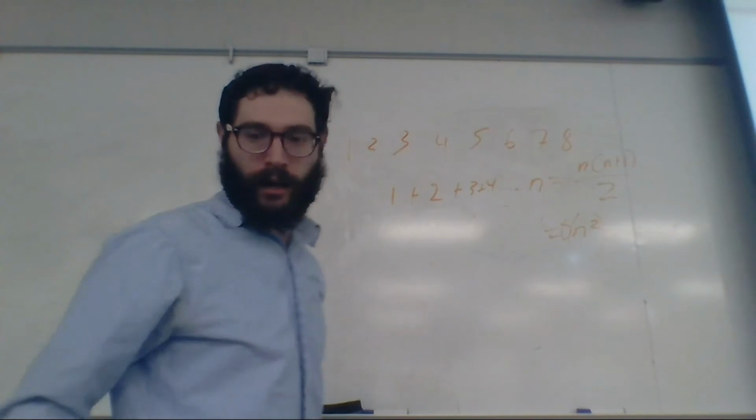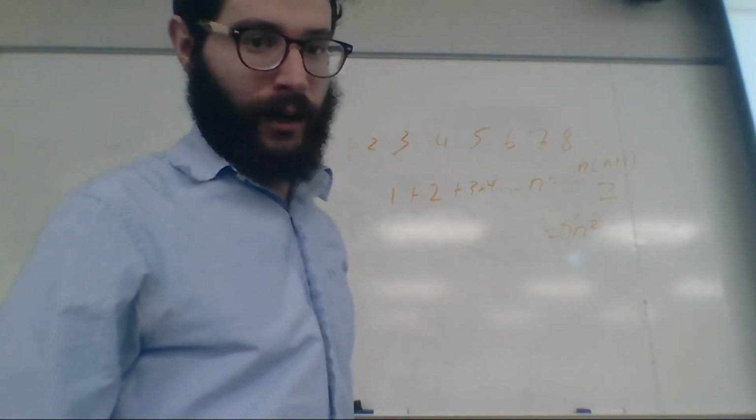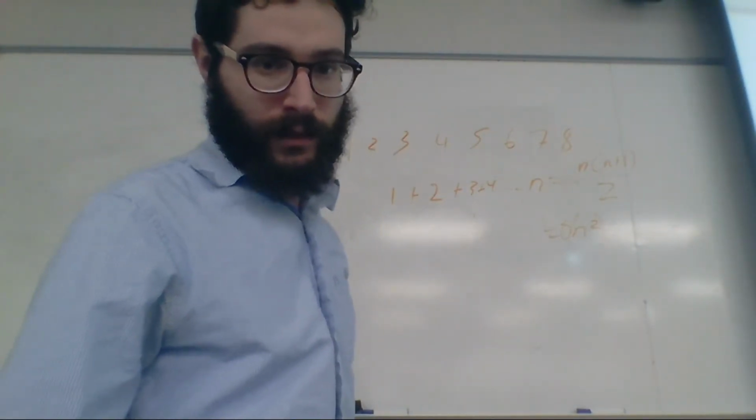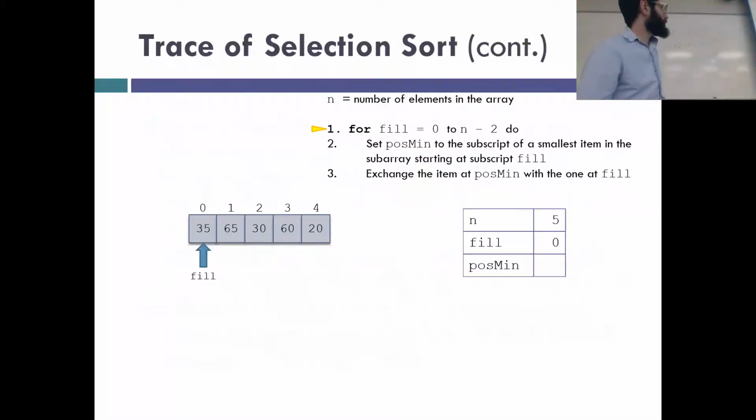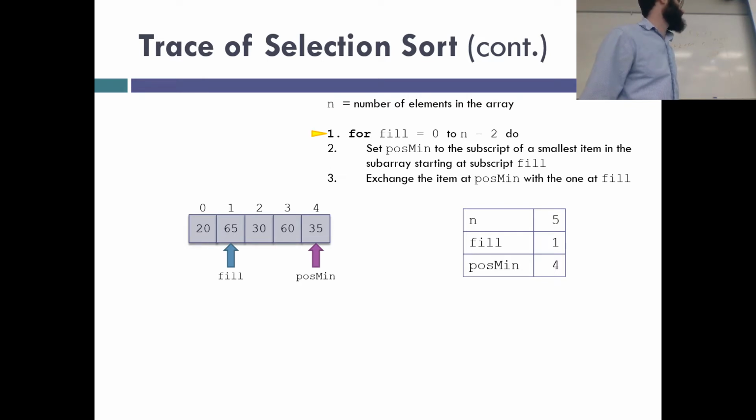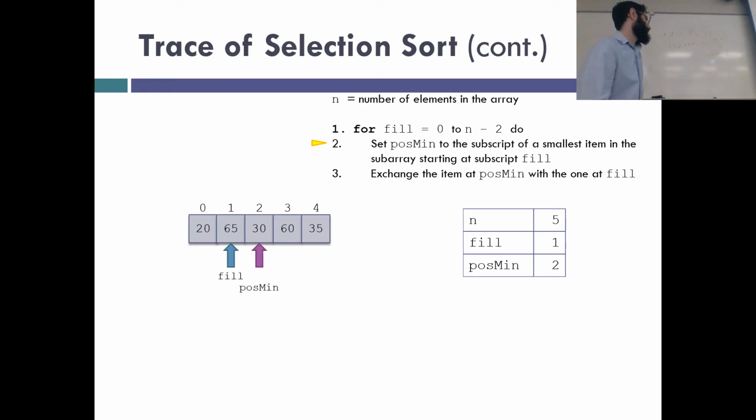So let's look at the example they have in the slides quickly. We find the minimum one, and then we swap it with the location we want to put it in. Finding the minimum takes O of n time, basically the number of unsorted items, where n is the number of unsorted items.